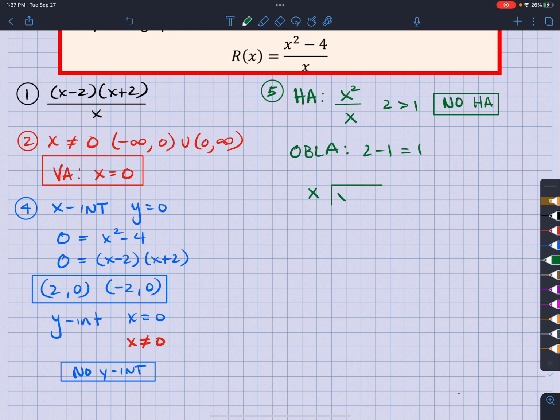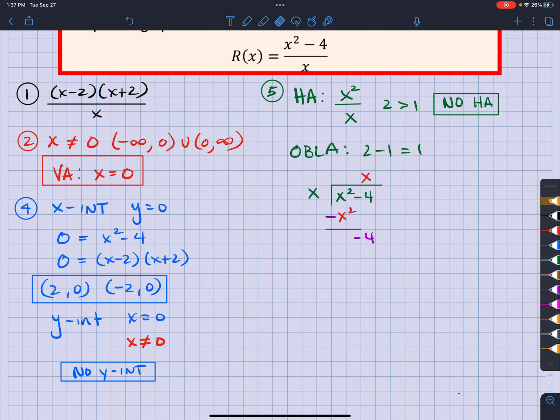x squared minus 4 divided by x. How many times is x going to x squared? x times, so I have x squared. So that's going to flip the sign and add. I'm going to have 0 minus 4, and then that's it. So really my remainder is negative 4 there.